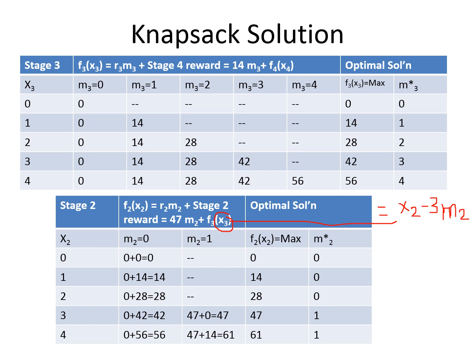Which means if X2 is 0 and M2 is 0, then 0 minus 0 is 0, and X3 is 0, so I go and I check. X3 is 0, and F3 of X3 is 0, and this 0 is really coming from here.